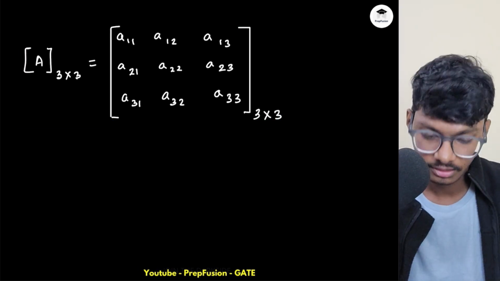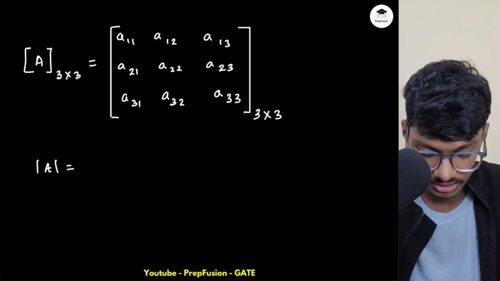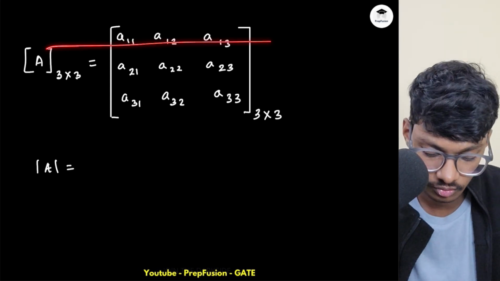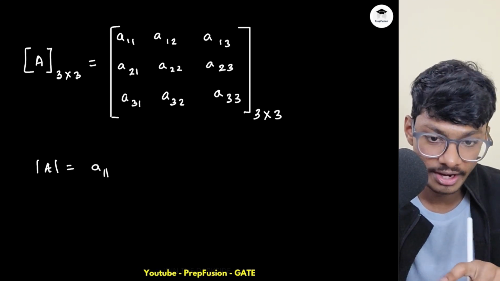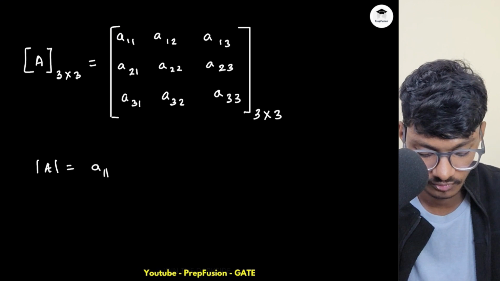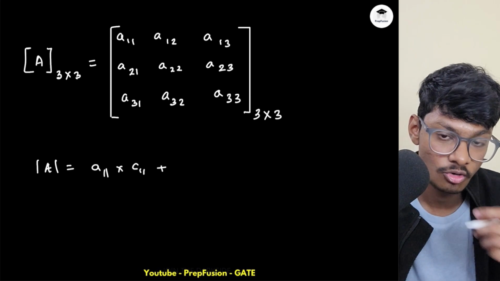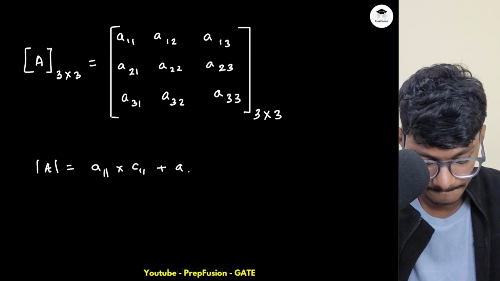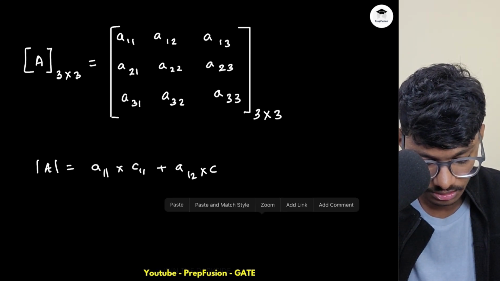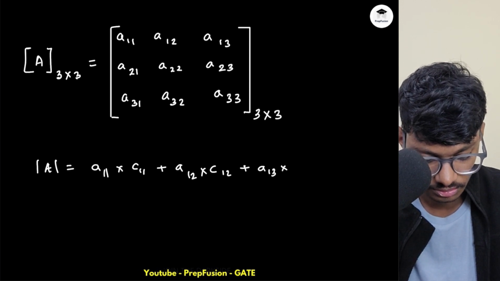So what will be the determinant? I've already told you how to compute the determinant, but in formal terms, if I open this through the first row, I will write A11 and multiply the cofactor corresponding to this element, which is C11, and we already know how to compute C11. Plus A12 into C12, plus A13 into C13.